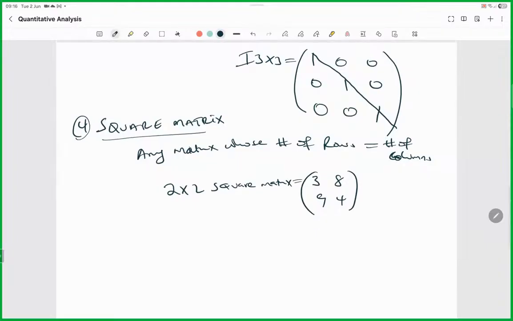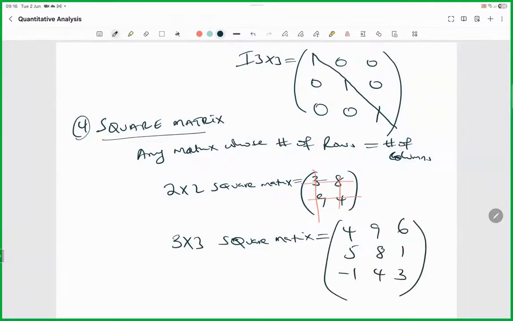You can see we have 2 rows and 2 columns. That's a square matrix. We could also have a 3 by 3 square matrix, like 4, 9, 6, 5, 8, 1, negative 1, 4, 3. You can see here we have 3 rows and 3 columns. So any matrix whose number of rows equals number of columns is called a square matrix.